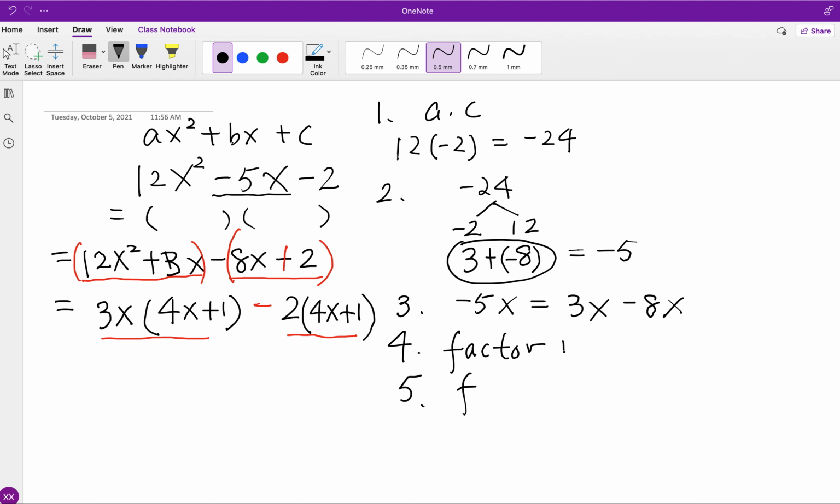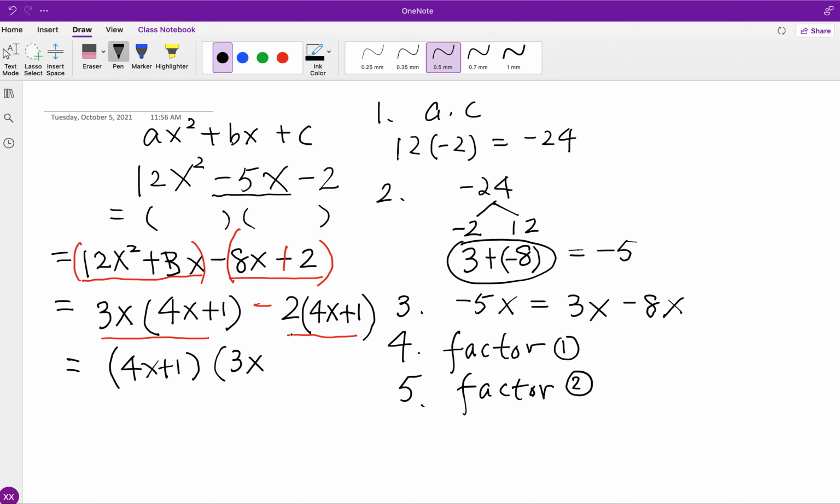If this is factor 1, this is factor twice, so all the time you have to factor twice. This time the common factor is 4x plus 1, so pull this out. And then 3x is left in this bundle, negative 2 left in this bundle.